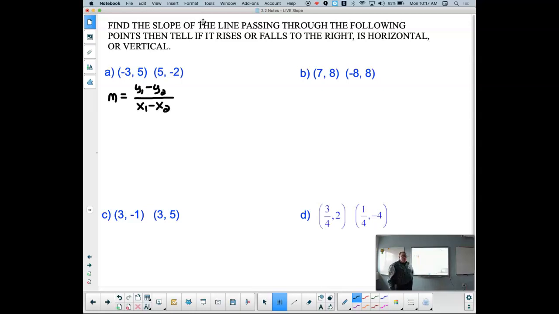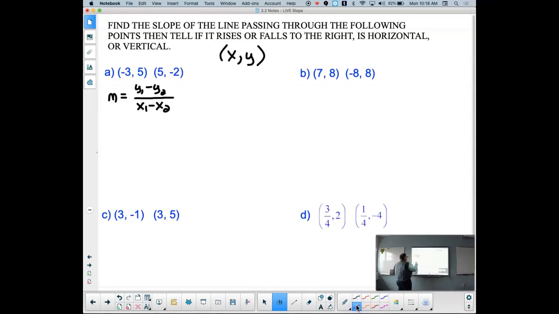Now remember that points are x, comma, y. So it's not negative 3 minus 5 over 5 minus negative 2, because that would be x minus y over x minus y. It's y minus y over x minus x.